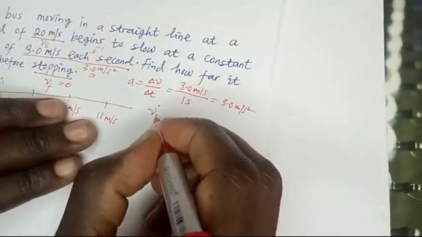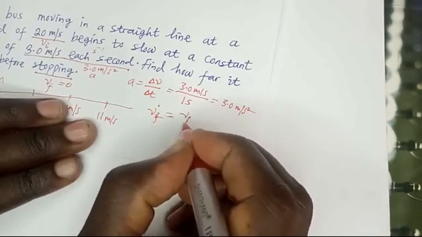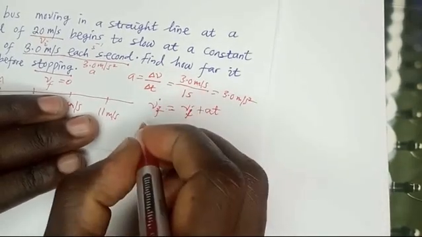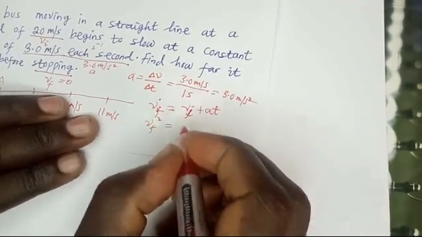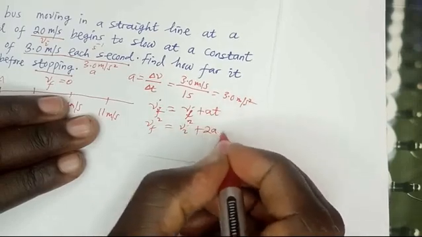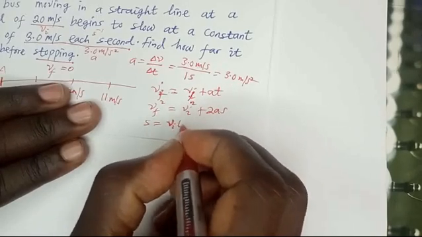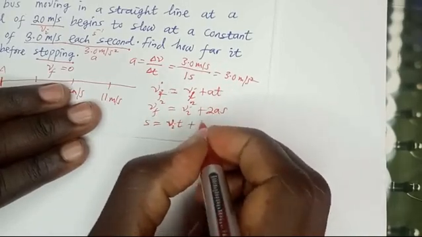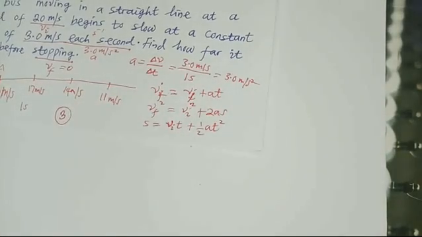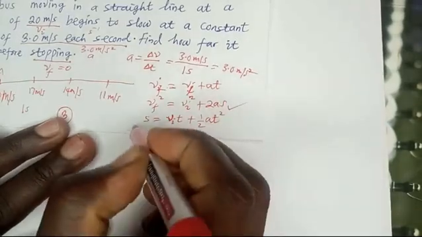V sub f equals v sub initial plus at, and then v sub f squared equals v sub i squared plus 2as, and then s is equal to v sub i t plus half at squared. Now to find distance, you need this one and this one.